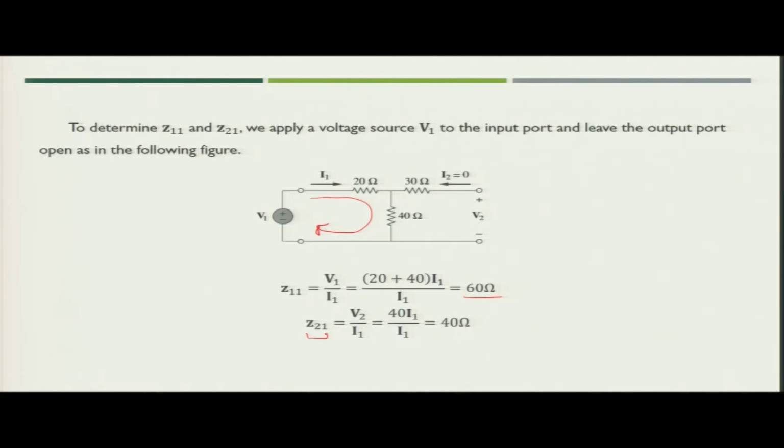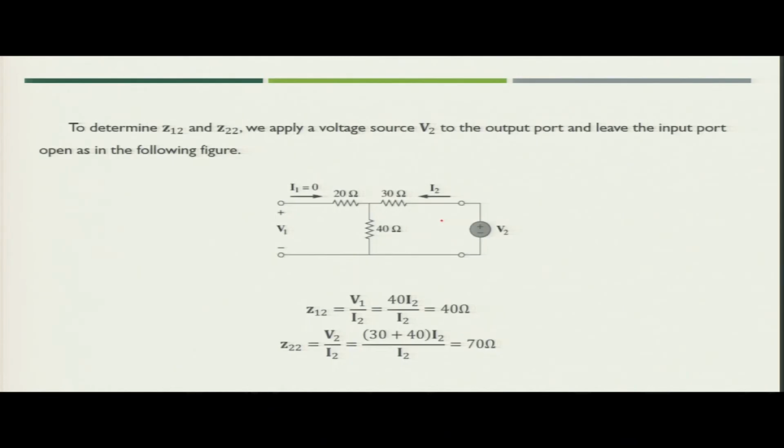Now, Z21 is defined as V2 upon I1. What would be the value of V2? Since I2 is equal to 0, V2 would be applied across the 40 ohm resistance. So V2 would be 40 I1, and then you divide by I1, you will get Z21 as 40 ohm.